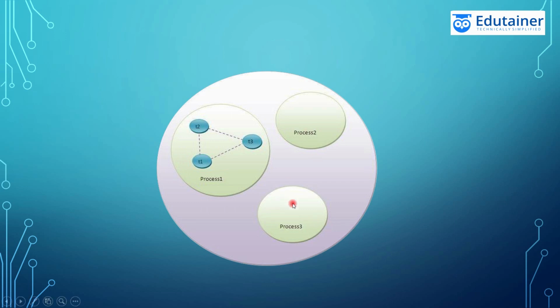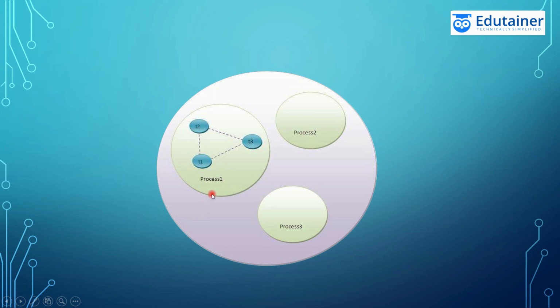You can see this is a process, this is another process, and this is another process. Assume this is your complete processor, in which you have multiple processes. This is known as multiprocessing, in which you are processing multiple programs, 1, 2 and 3.